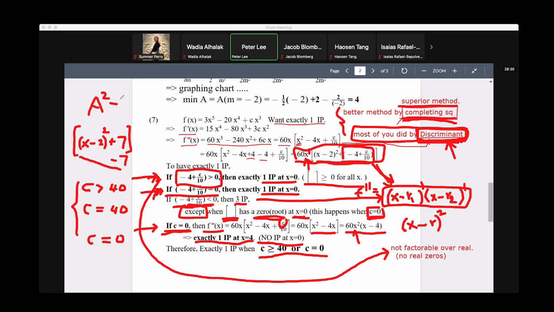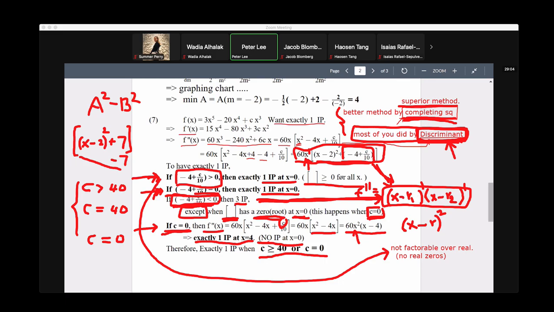You can actually factor this, and when this is less than 0, we know that it's going to look like this. That means you get two real roots. Why is that? Because something squared minus something like 7, then you can do this, and then minus the square of 7, that's plus the square root of 7. You know immediately that you can get this.